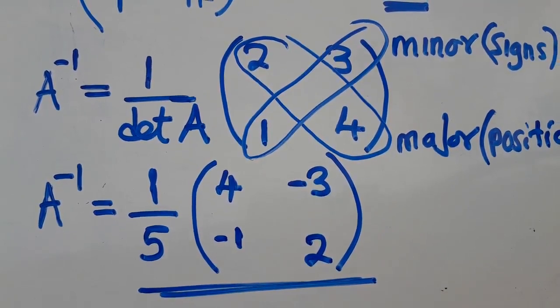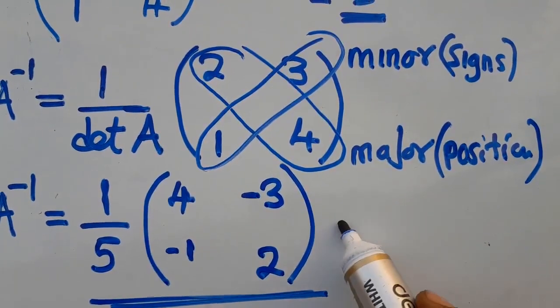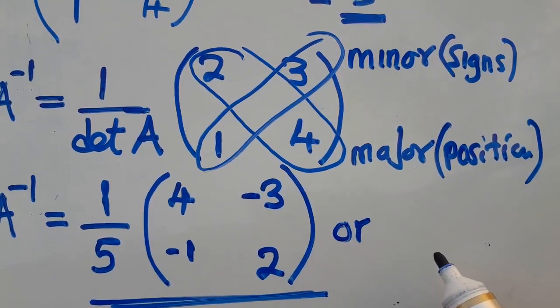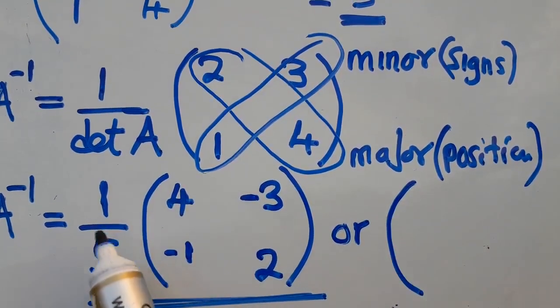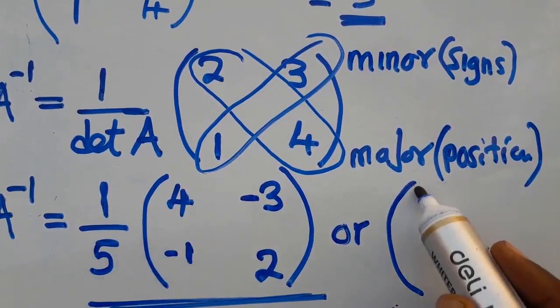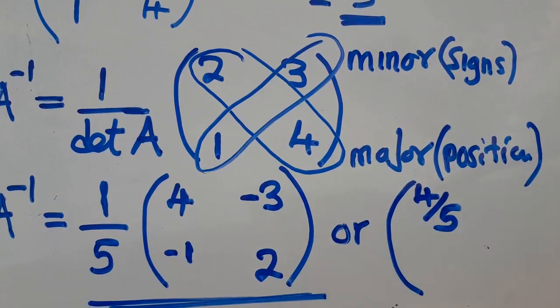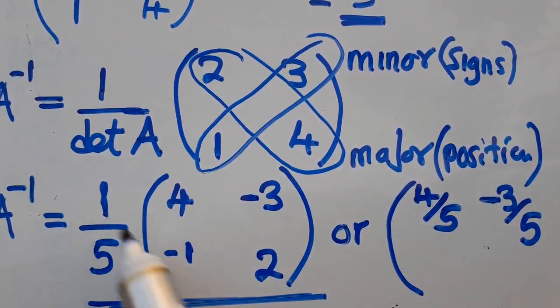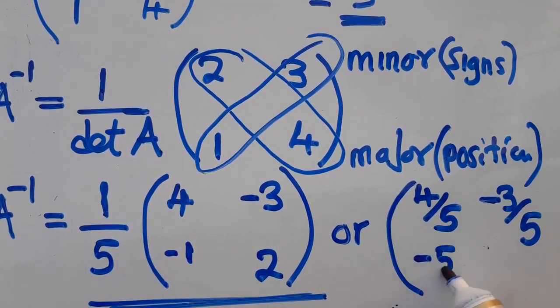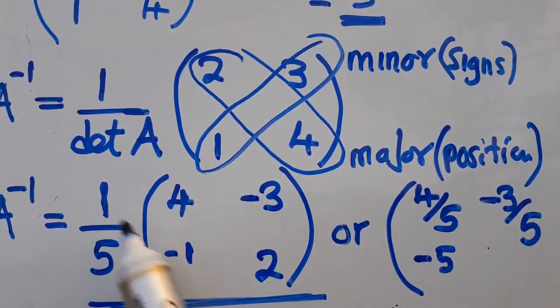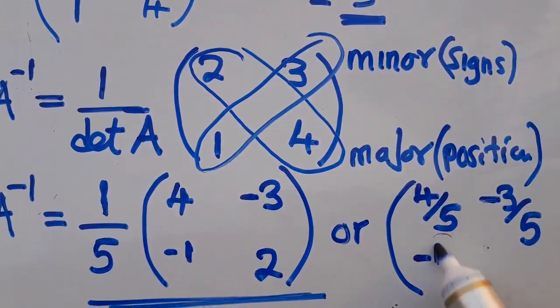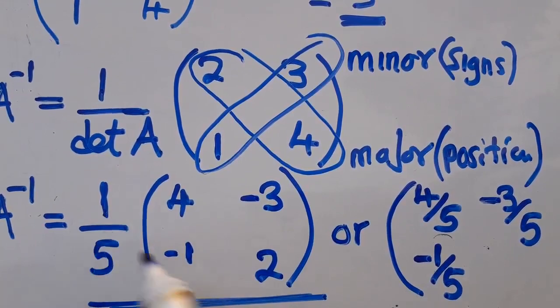If you want, it is the same as you start multiplying. 1 times 4, it is 4, then the denominator follows, 5. 1 times 3, it's negative 3 over 5. 1 times negative 5, it is negative 5. 1 times negative 1, it is negative 1 over 5. 1 times 2, it is 2 over 5. You do this. So your answer can be this.